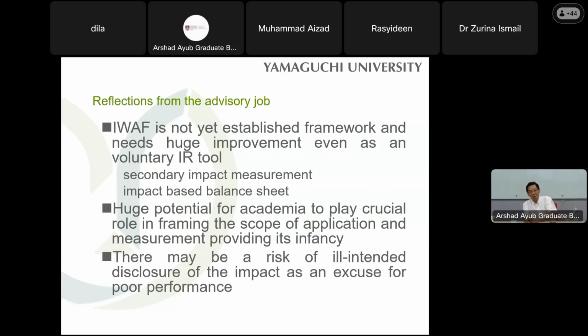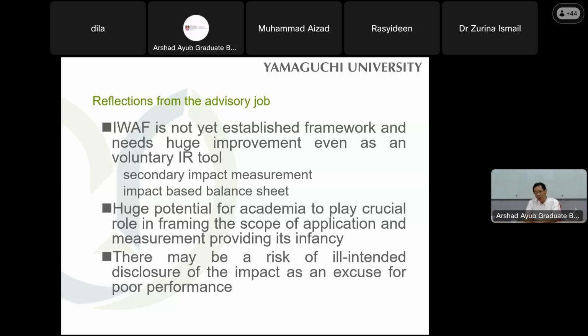And I found several areas for further improvement. First, IWAF is not yet an established framework and needs huge improvement. Why? In short, they have huge inherent challenges, such as how to disclose long-lasting impact.